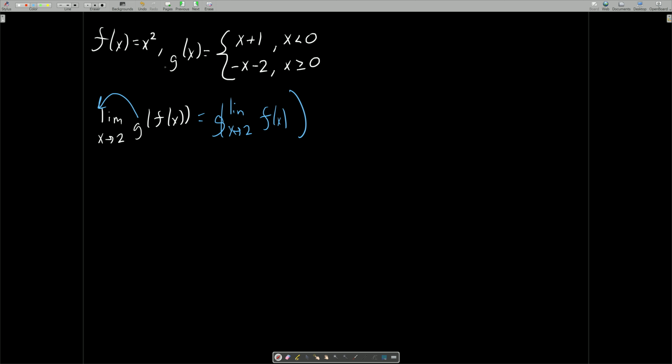In that case, you just plug in 2 for x here. You get g of 4. Now you plug in 4 for x in g of x. This 4 is greater than 0. You'd use this one. So you have negative 4 minus 2. G of 4 equals negative 6.